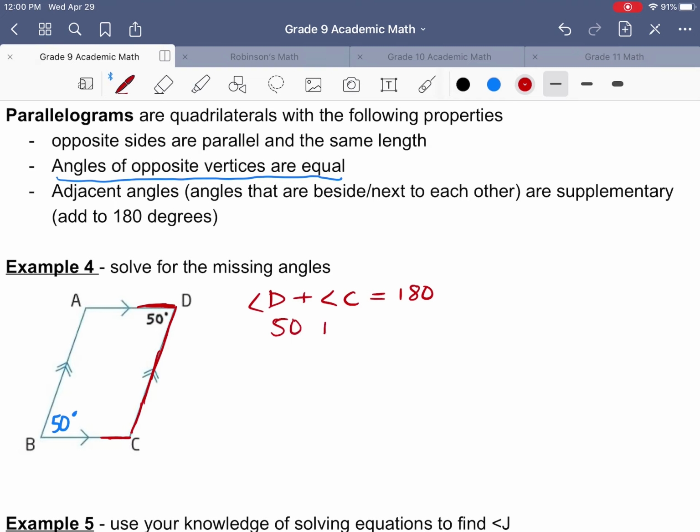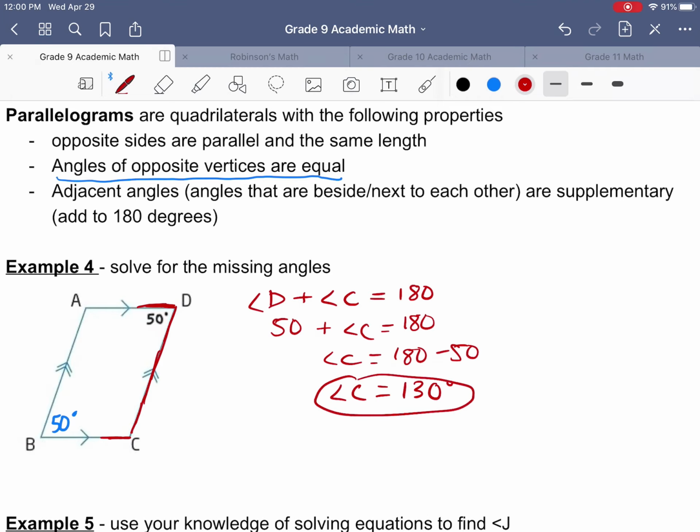So this gives us 50 plus angle C is 180, and angle C is equal to 180 minus 50. Therefore, angle C is going to be equal to 130 degrees. So I'm going to write that in there.